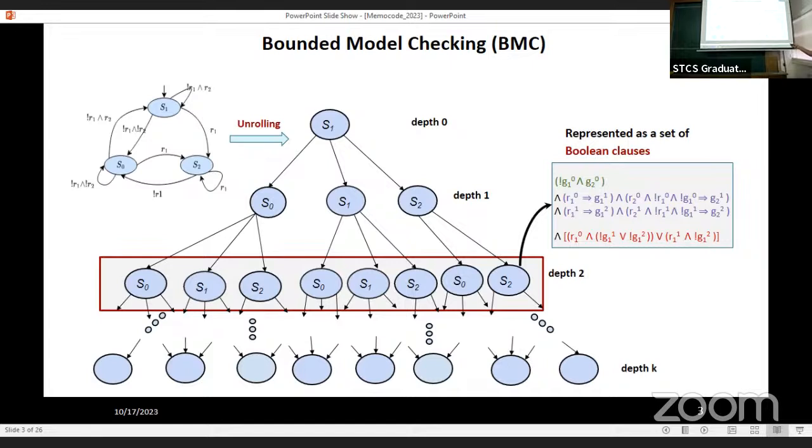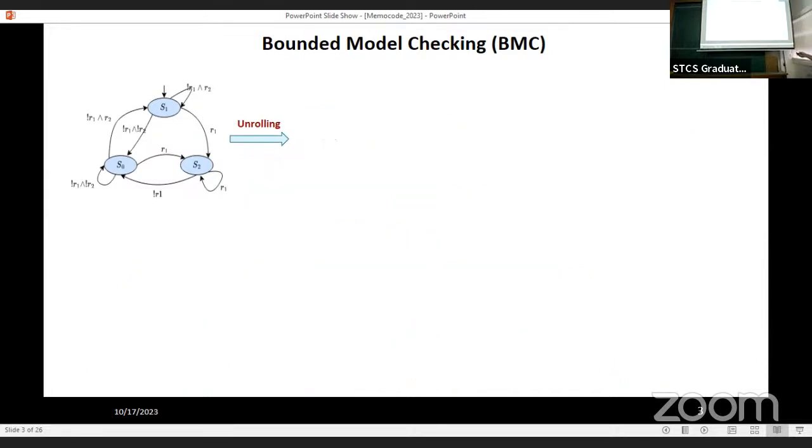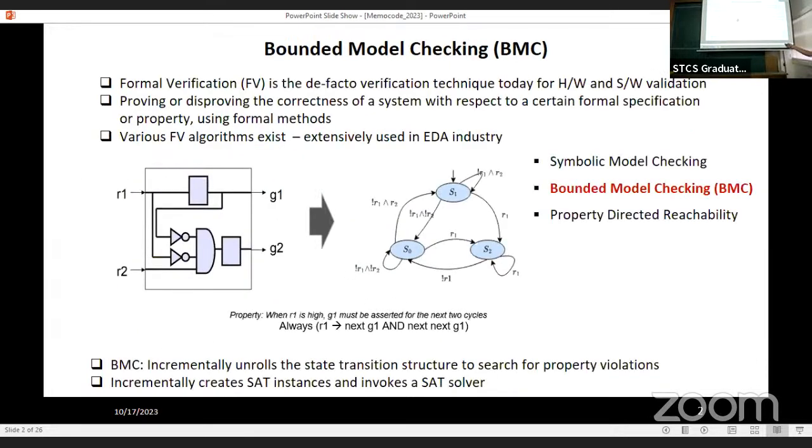Then, how does it create this frontier? How was this frontier created? This frontier represents your G1, G2 values. You can see here, what is G1? G1 is nothing but the previous value of R1. So G1 at t plus 1 is equal to R1 at t because of a 1 cycle delay here. What is G2 at t plus 1?